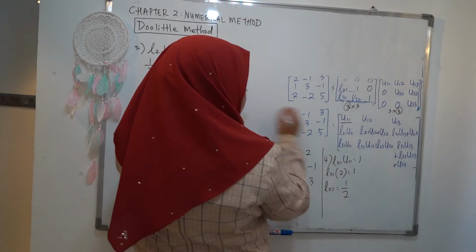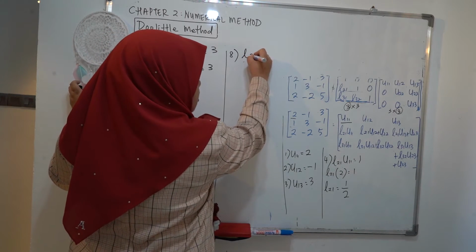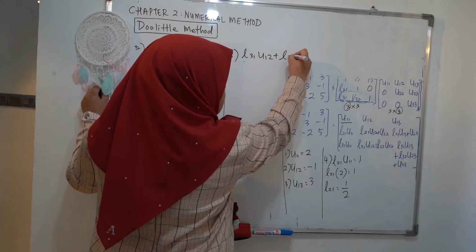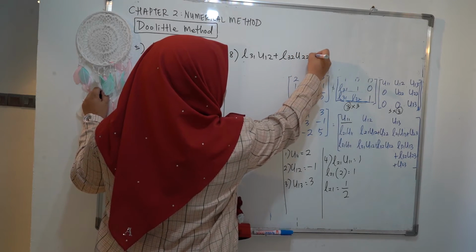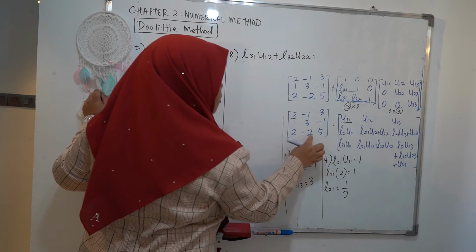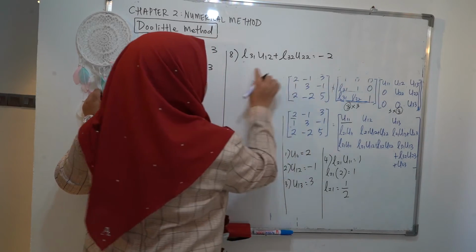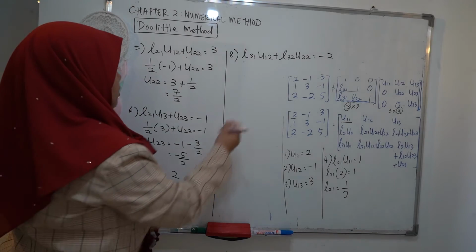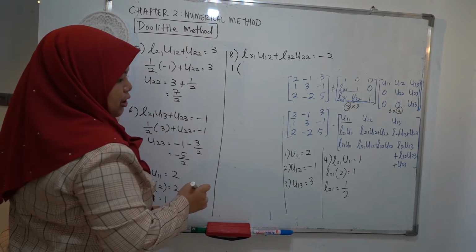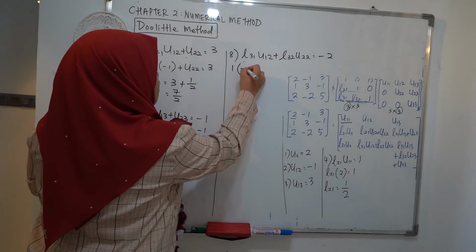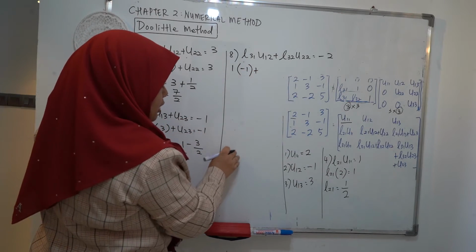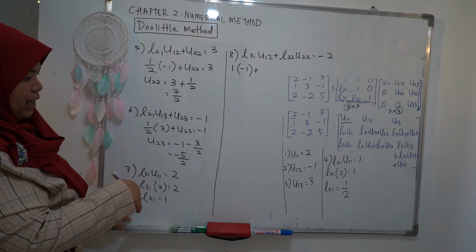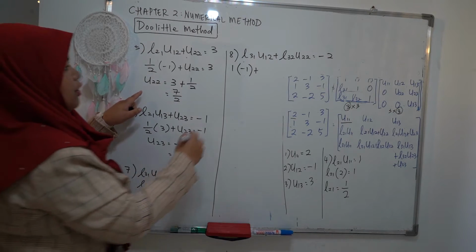Okay, number 8. L31 U12 plus L32 U22 equal to negative 2. L31 we already got, here is 1. U12 is negative 1, plus L32 we don't have yet.